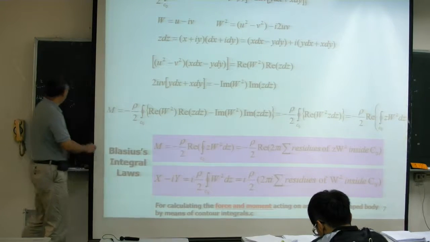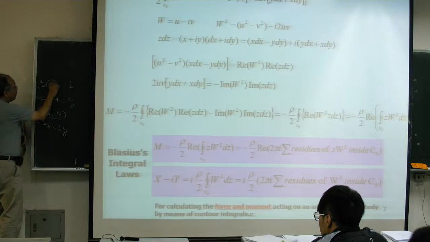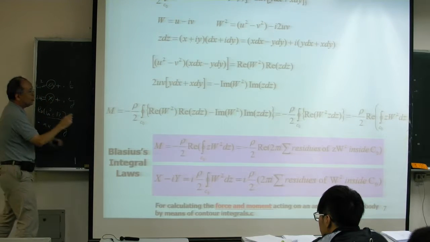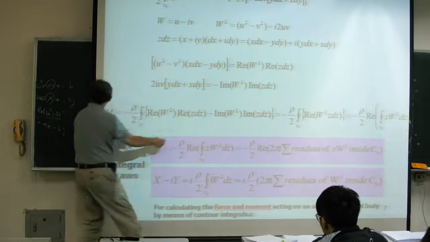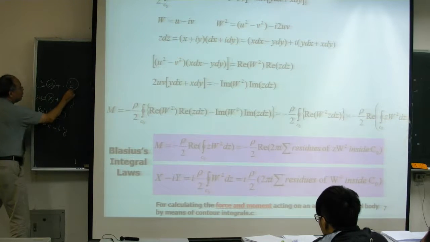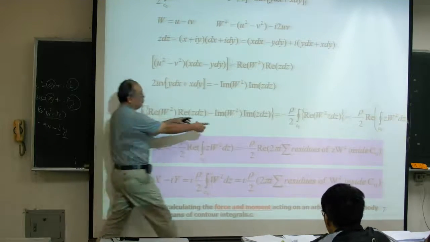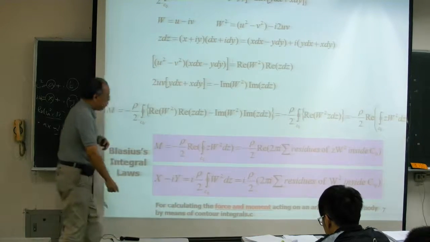So this is the real part of this one times the real part of this one, minus the imaginary part of this one times the imaginary part of this one. That gives you the real part.